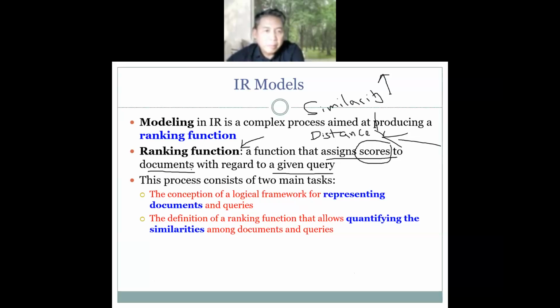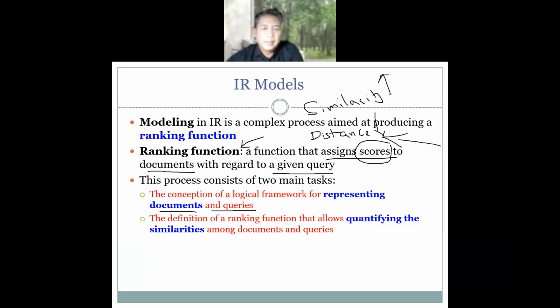Before we can perform the ranking function, we need to design a logical framework for representing documents and queries. So we need a data structure or platform in which we can represent the document and query, because the system doesn't know anything. They just know binary, 0 and 1.